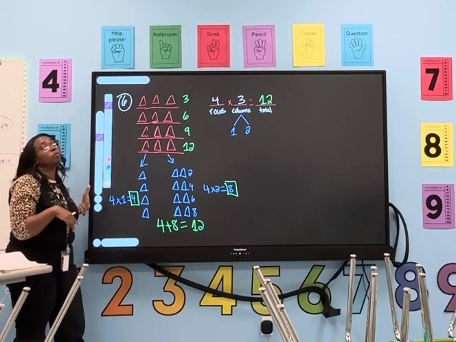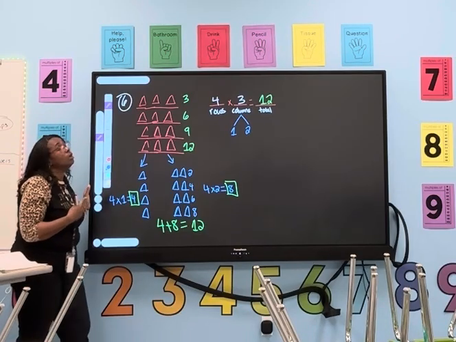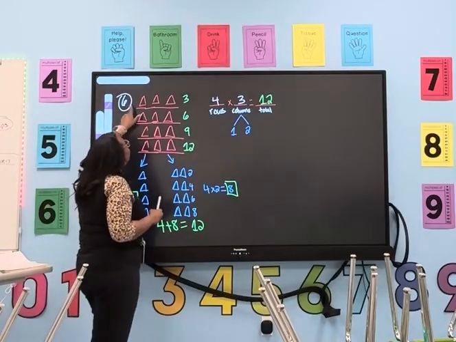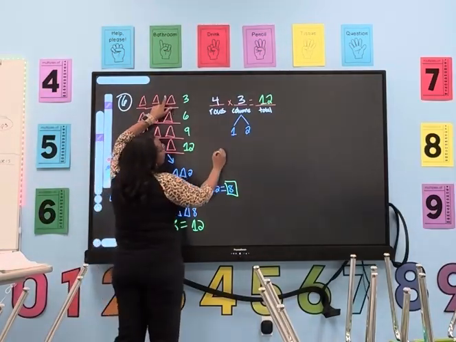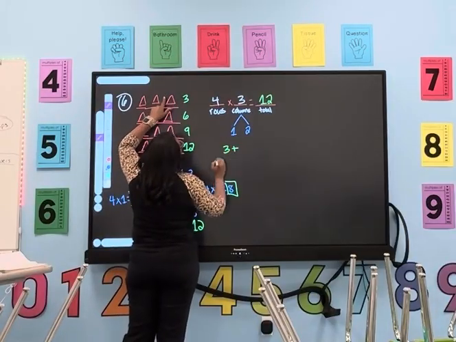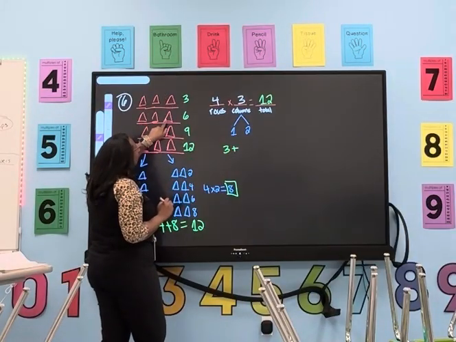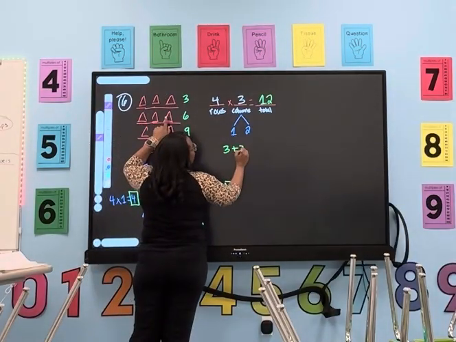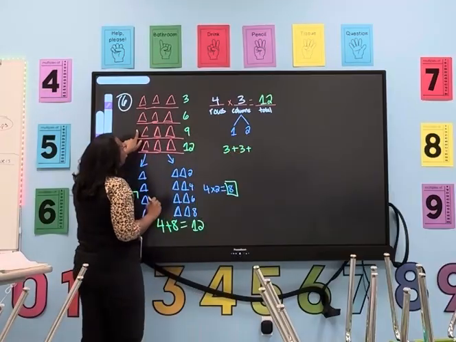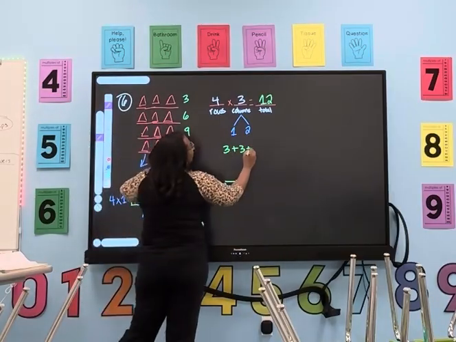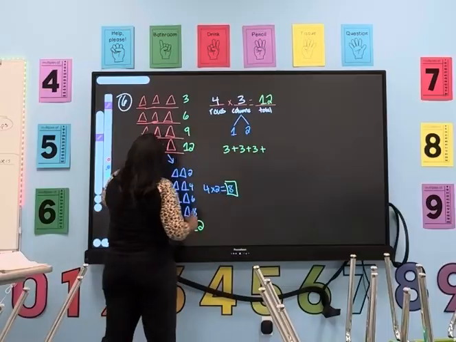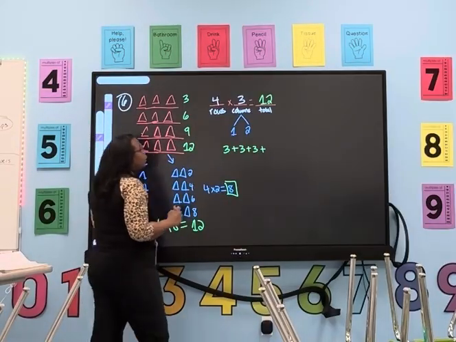So let's do the repeat addition sentence. If I look at my first tree, I had 3, so I'm going to do 3 plus my second tree, I had 3, so 3 plus my third tree, I have 3, so 3 plus my fourth tree, I have 3, so 3.